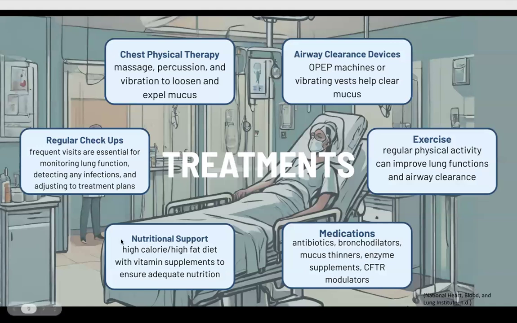Nutritional support is also recommended, having a high calorie, high fat diet with vitamin supplements to ensure adequate nutrition, since a lot of the time with CF, patients are unable to gain weight due to the lack of enzymes that help break down their food and take in the good nutrients. Regular checkups are also advised for monitoring lung function, detecting any infections, and adjusting the treatment plans as necessary.